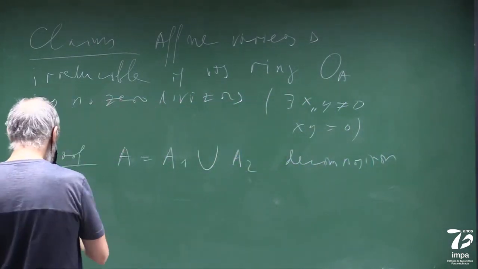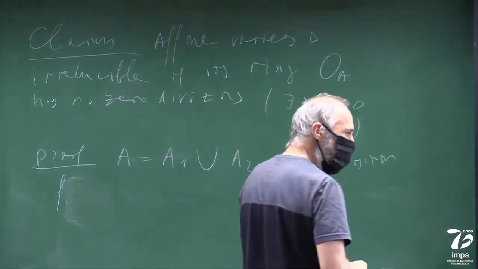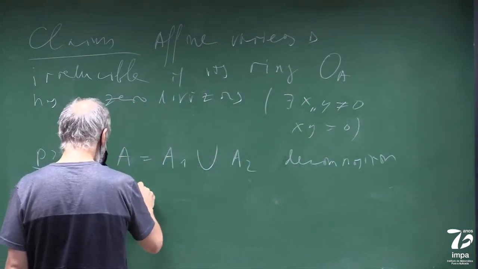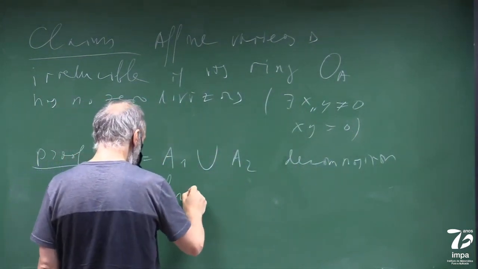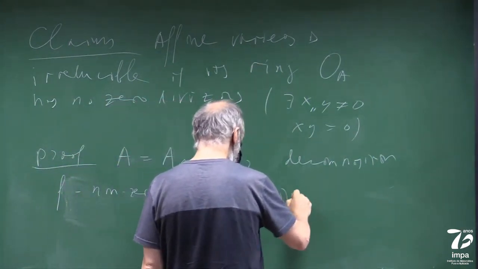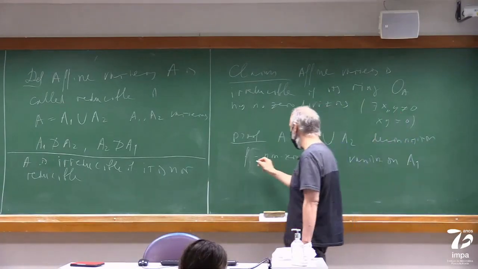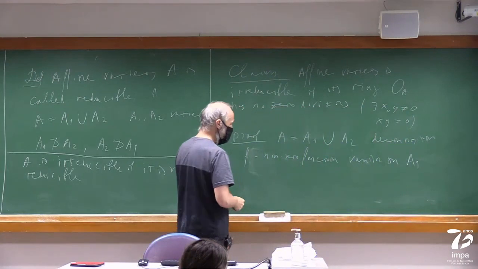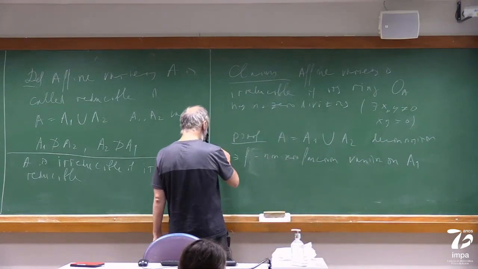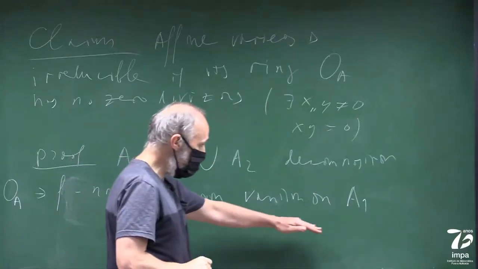And we have a nonzero function f vanishing on A1. F belongs to O(A); it's a polynomial function which vanishes on A1.